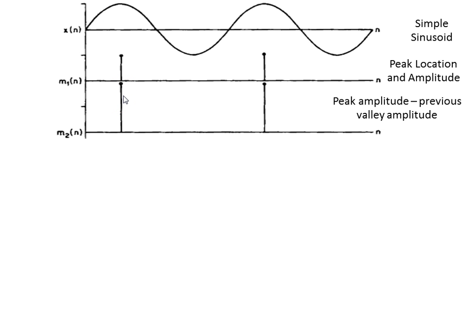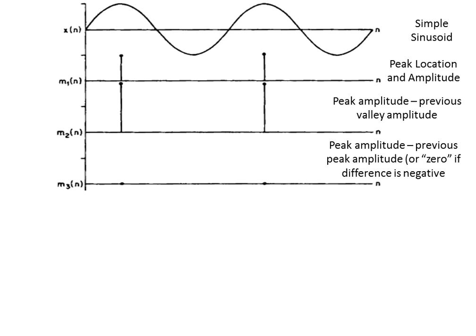Okay. Then the third is I take the peak and I subtract the previous peak value from the current peak. If the value is less than 0, that is if it's negative, I make it 0. If not, I'll keep whatever value I get. Now the reason I want to say this is in real life, you might not have a sinusoid which is exactly like this.